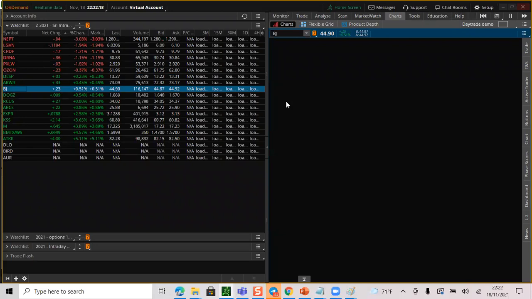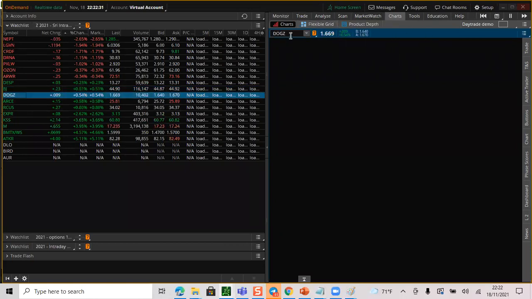It gets slower during this. I think the chart is not loading up. Okay, so in real time we can just use it and then try it out.